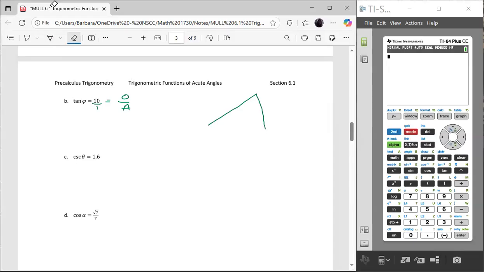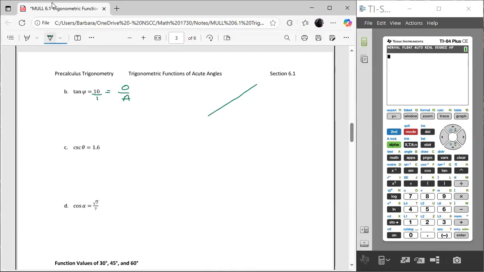Maybe sketch a little better than the one I just did. Try to draw a right triangle. So if I make this phi, then my opposite side will go across from that. That will be 10, and my adjacent is 1.